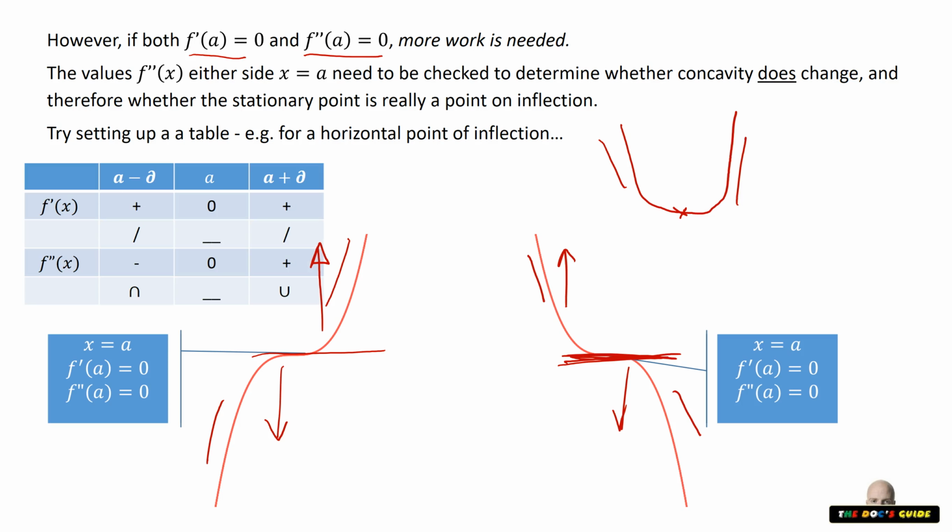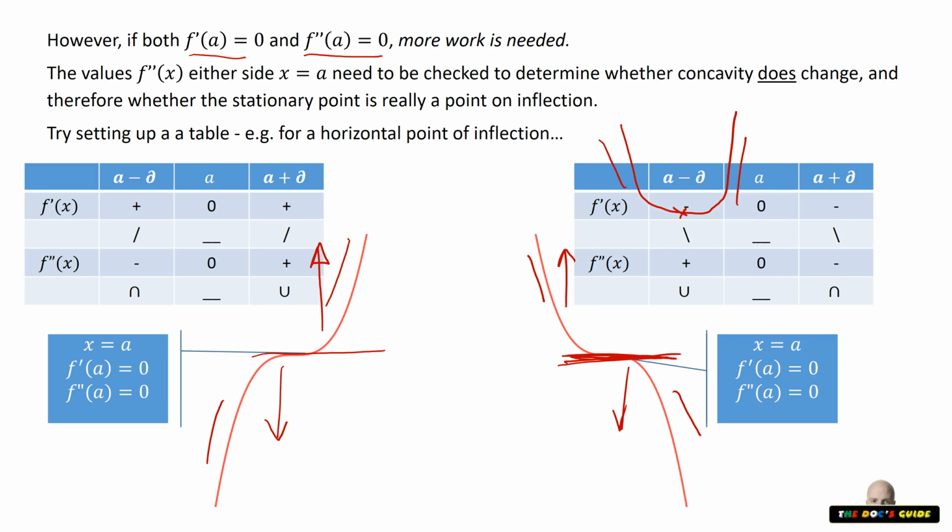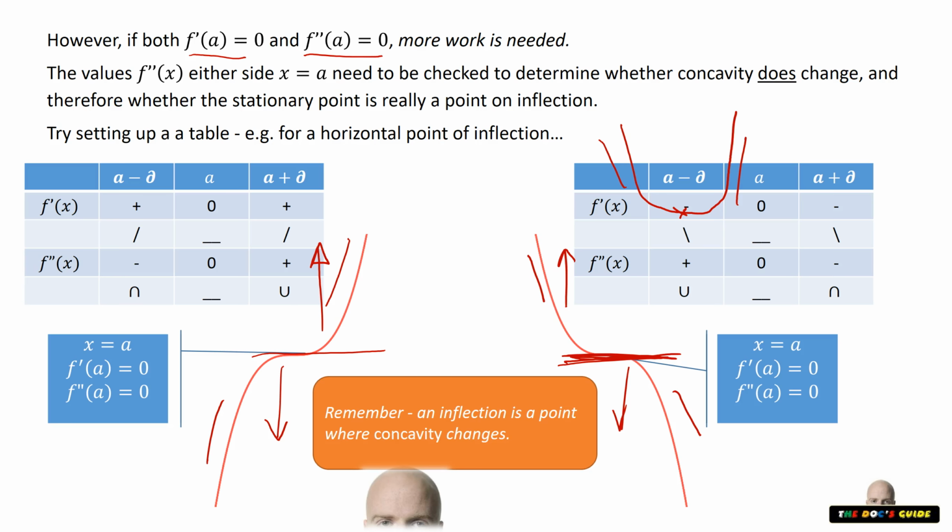So here's a table, just again reinforcing those things that we've spoken about. So this is the key. An inflection point is a point where concavity changes. Now it's possible to get an inflection point where it's not a stationary point, and that occurs when we have something like this.